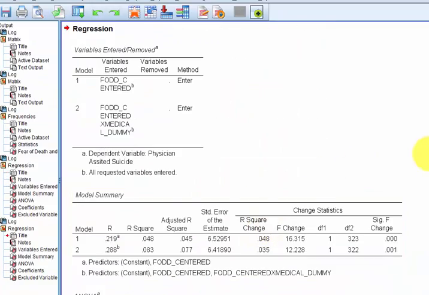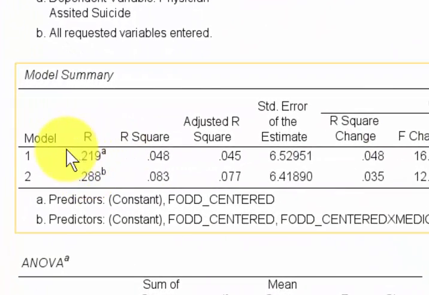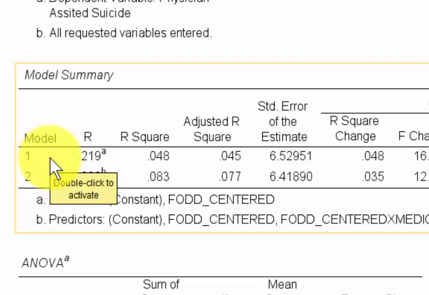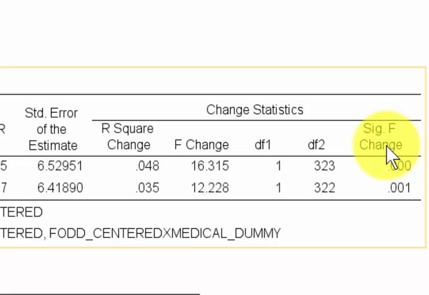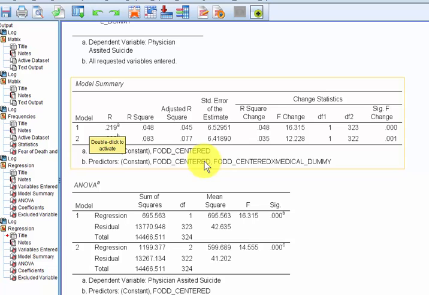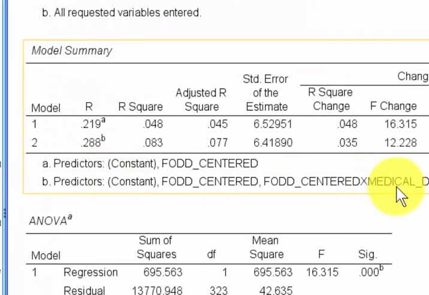All right, so here's our regression. Here's our two models. The first model was strictly with the fear of dying centered variable, and it came out just like the original. So regardless of profession, there is a significant relationship between fear of dying and physician assistant suicide. The second model, strictly for the medical guys, is significant, right?